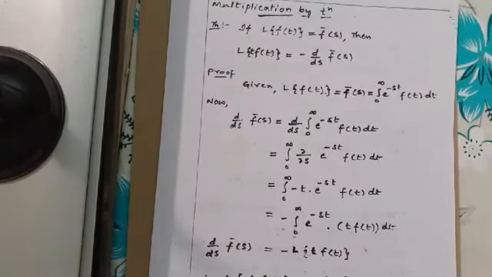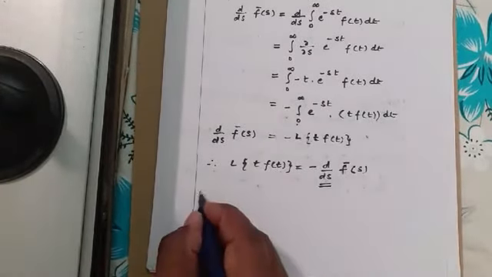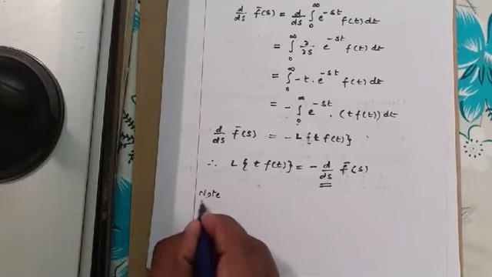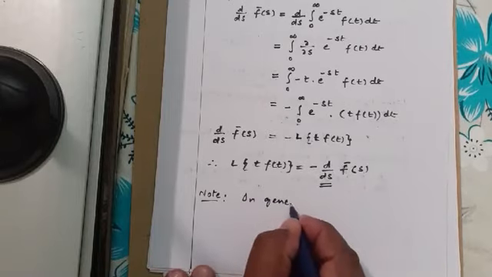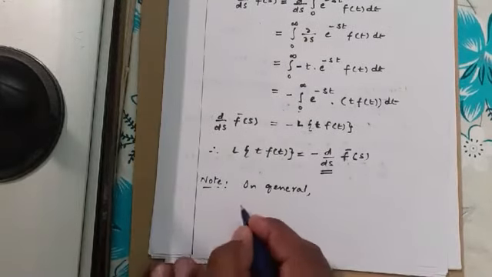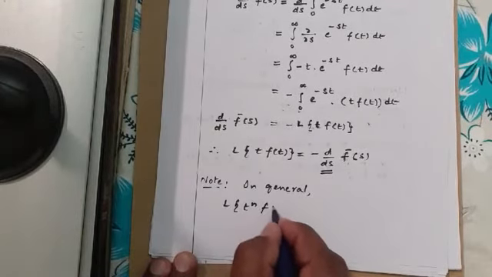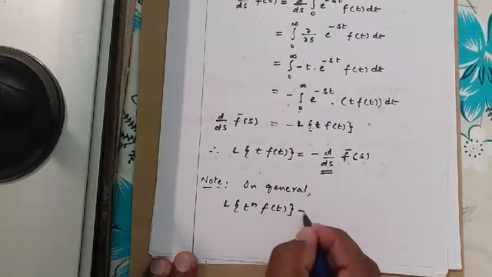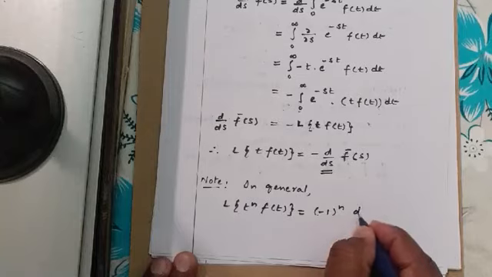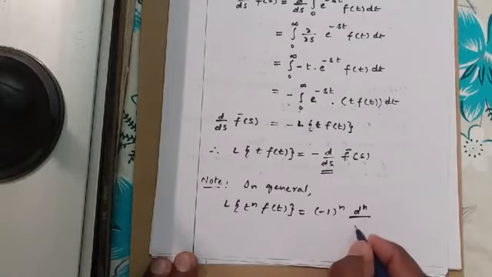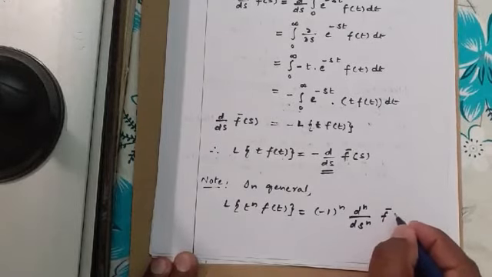Now let us have a note based on this. You write here, in general, Laplace of t power n f of t is equal to minus 1 whole power n d power n upon ds power n of f bar s.